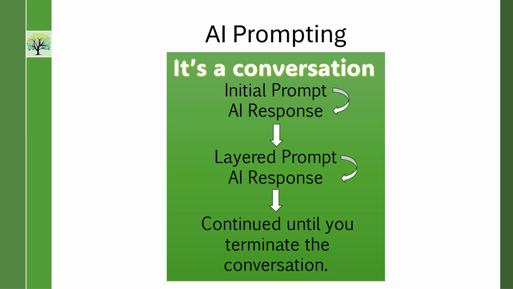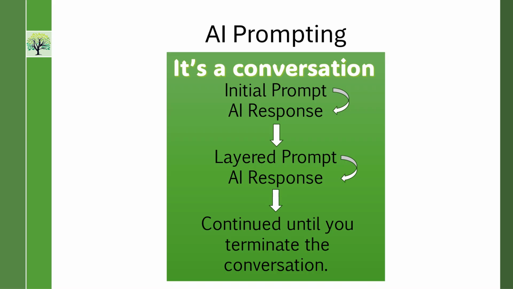Now, I've learned by experience, if that first conversation went off the rails, you can't fix it with your layered prompts. Don't try, because it hangs on to what it told you in the first place, and it tries to still build off that. It doesn't want to change it. So what I do when that happens is, if that first response was bad, I create a new conversation and start over with an initial prompt so that it doesn't try to use what it's already told me.